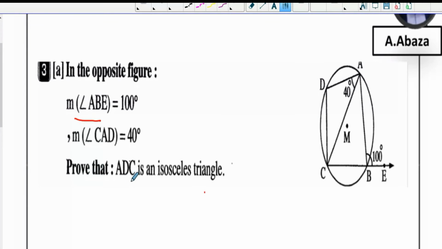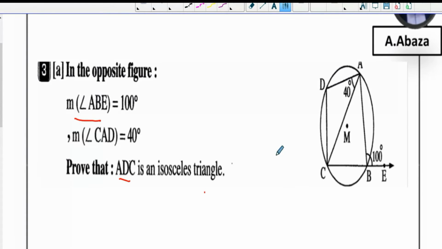Prove that ADC is an isosceles triangle. Look at this figure ABCD. Its vertices lie on the same circle, so this is a cyclic quad.